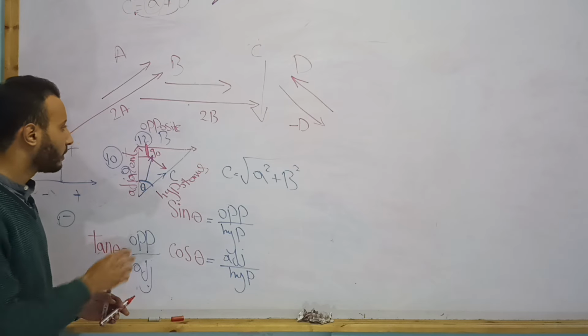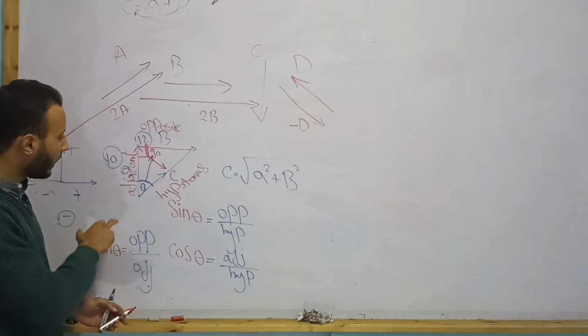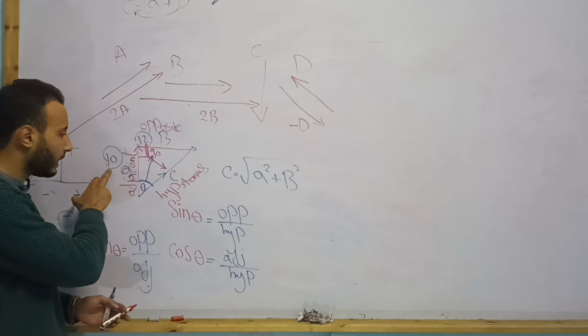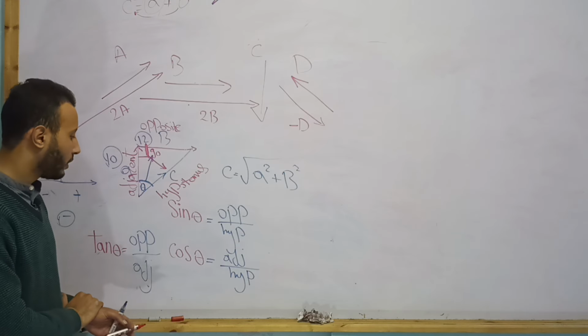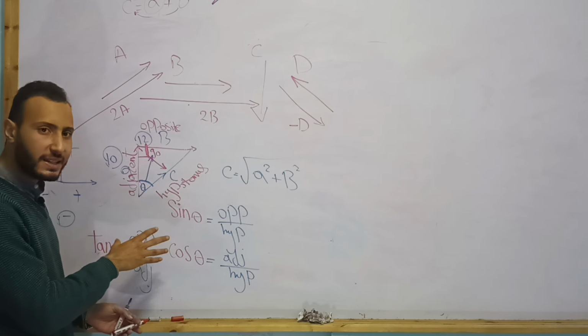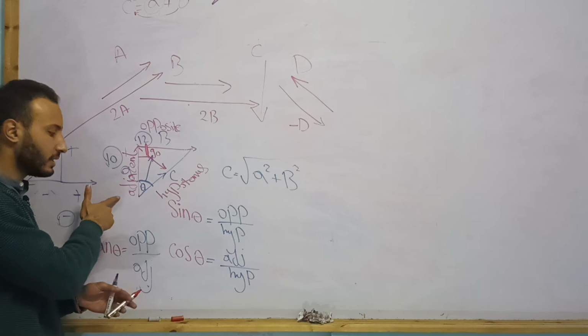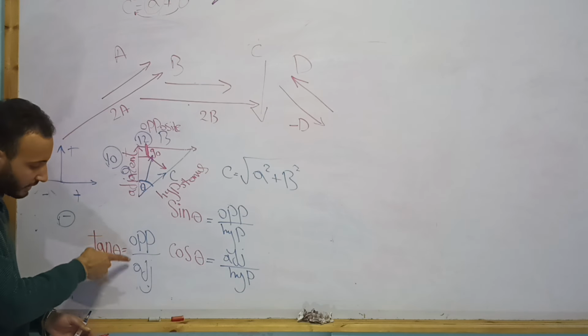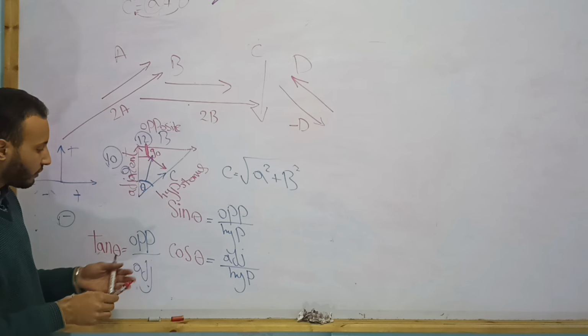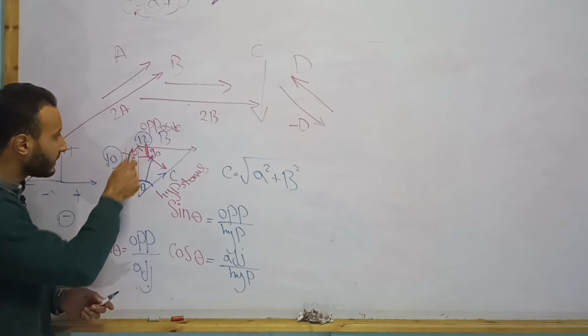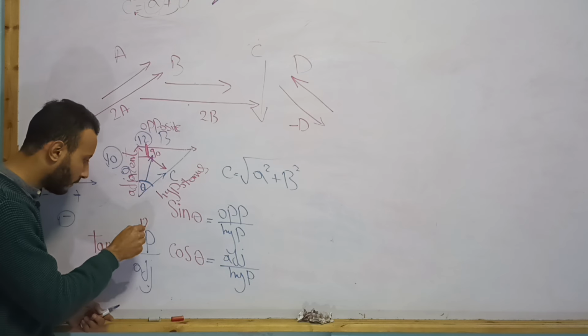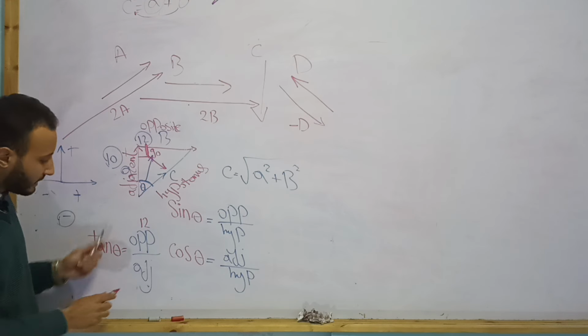You have the opposite is equal 12, and here you have the adjacent is equal 10. That's right. So which one of these trigonometric functions has the opposite and the adjacent? You'll find tan has the opposite and the adjacent. So the opposite is 12 and the adjacent is 10.